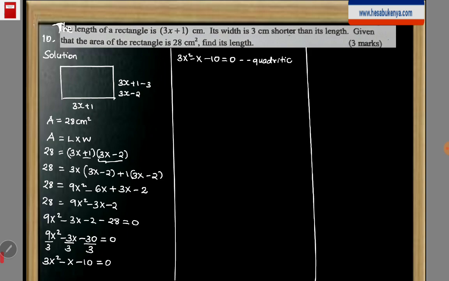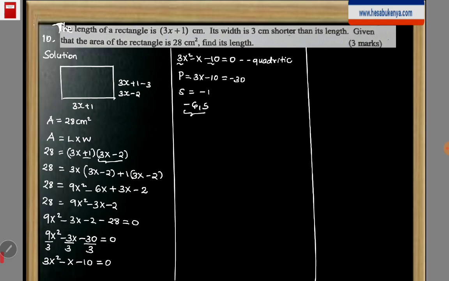So using the method of factorization, we can get two numbers such that when you multiply them, the product will be equal to 3 times negative 10, which is negative 30. And then when we add, the sum should be equal to negative 1. Now the two values are negative 6 and 5.